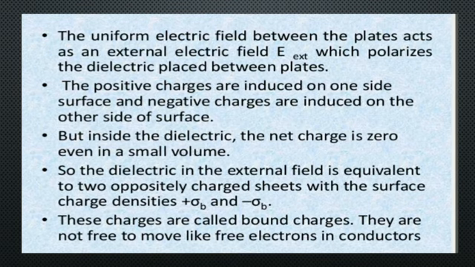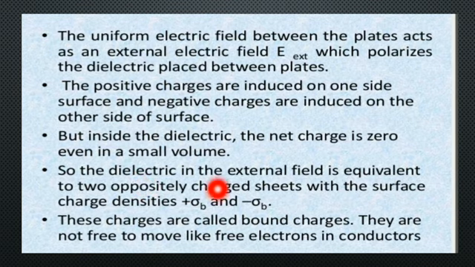Okay, right, but inside the dielectric the net charge is zero even in a small volume. So the dielectric in the external electric field is equivalent to two oppositely charged sheets with surface densities.